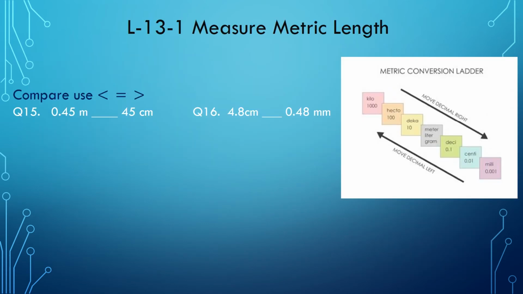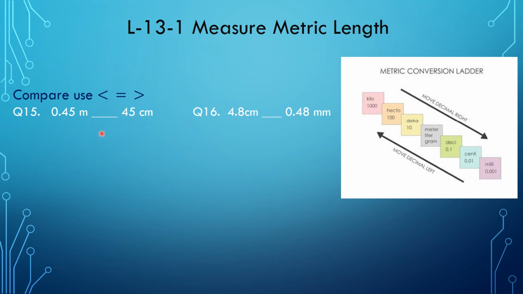Then in question number 15, 16 and 17 is compare. Then compare, use a less than, equal to and greater than. Then you can see in this one, 0.45 meter and 45 centimeter.